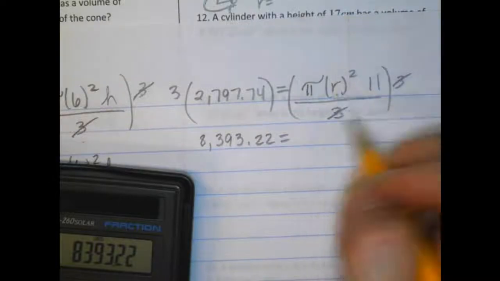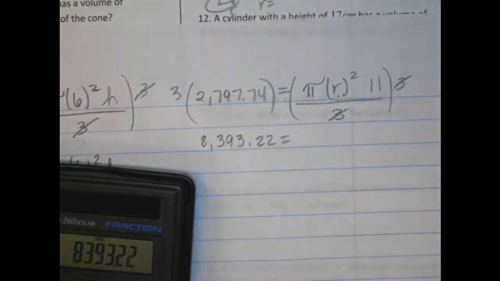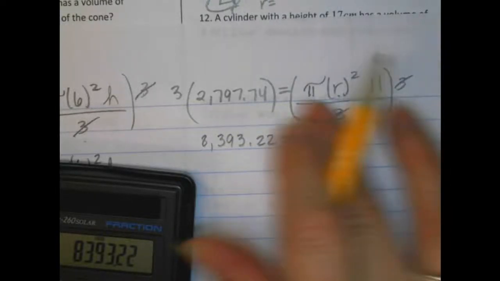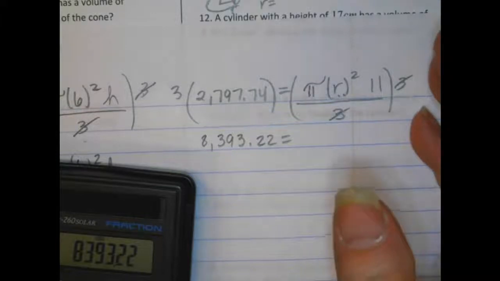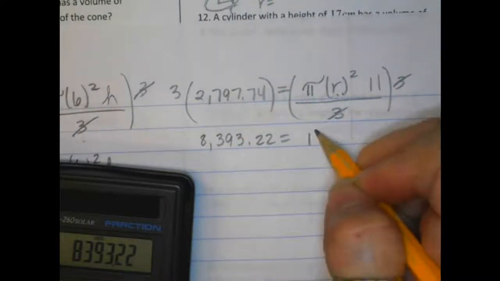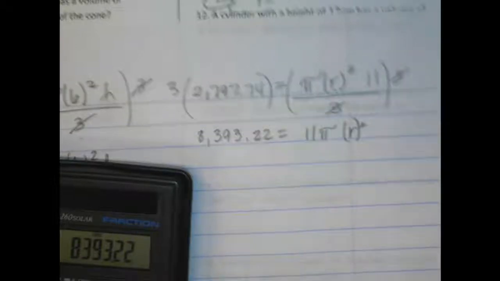And now my new equation is, and I'm going to switch this around. Commutative property tells me that I can change the order of things in my equation as long as I'm not changing anything else. Okay? So I'm still going to multiply 11 times pi r squared.